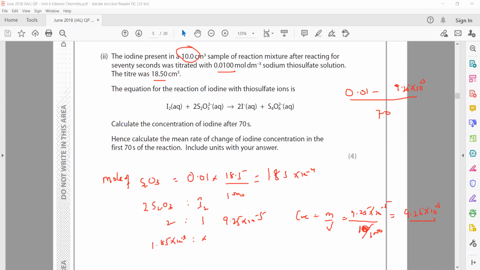So (0.01 − 9.25 × 10⁻³) divided by 70 seconds gives 1.07 × 10⁻⁵, and that's mole per dm³ per second, because it is concentration divided by time.